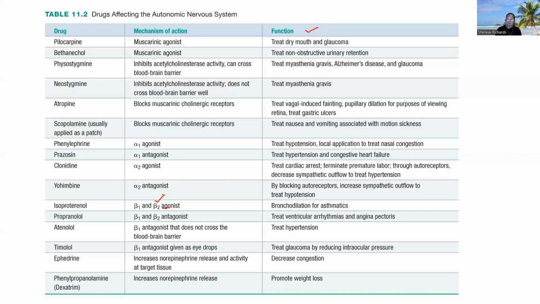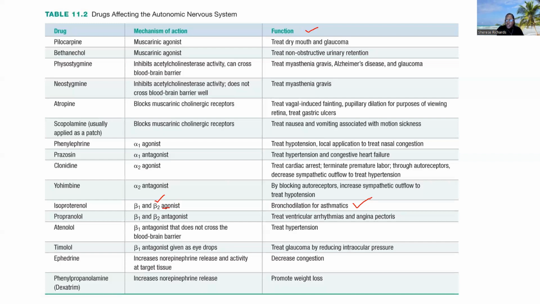So this is the desired response that is in alignment with the sympathetic nervous system and the sympathetic response. And so we can use that knowledge. We can agonize these receptors, and this can be beneficial for asthmatic patients. If they have narrowing of the bronchioles because of airway irritants, or whatever pollutants in the air that may be causing constriction of the airway, we can mimic the action of norepinephrine binding to this receptor, and we can have the airway dilating.